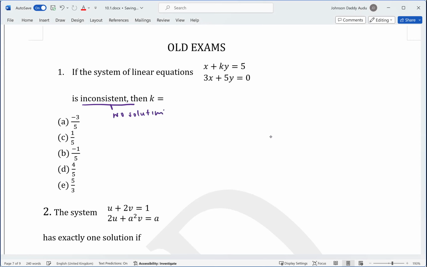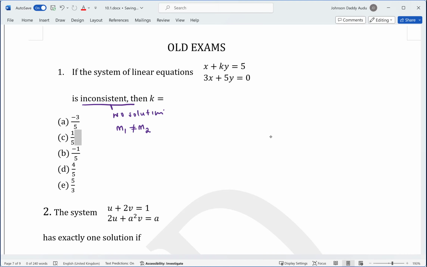And when do we mean there is no solution? It means when they do not intersect. So no solution, this means that the slopes of the two lines are not the same, right?